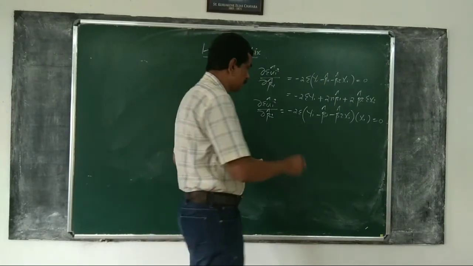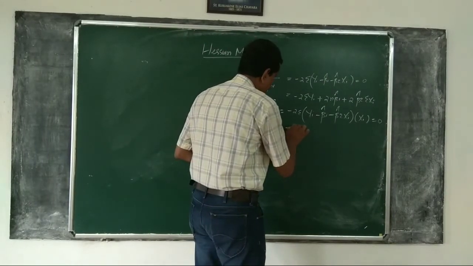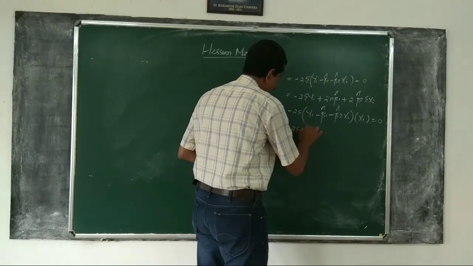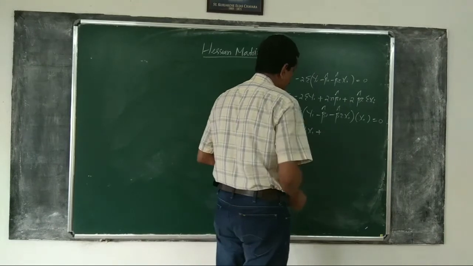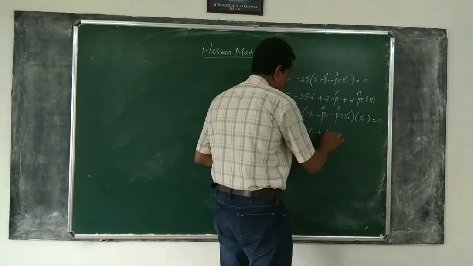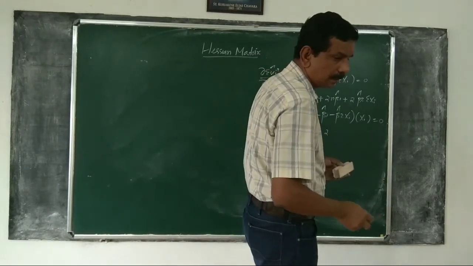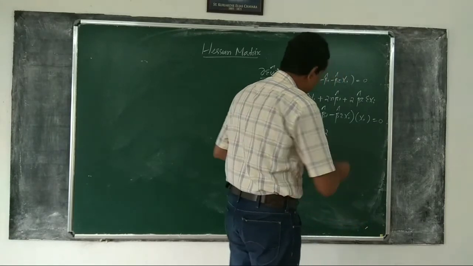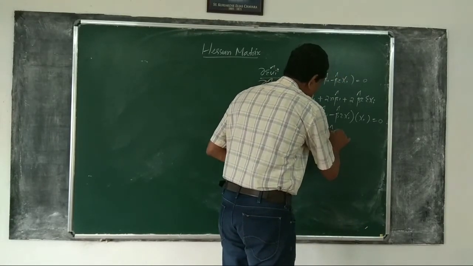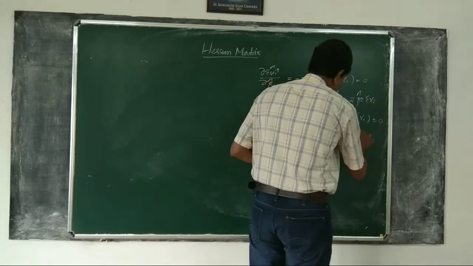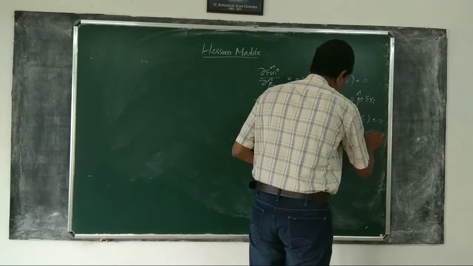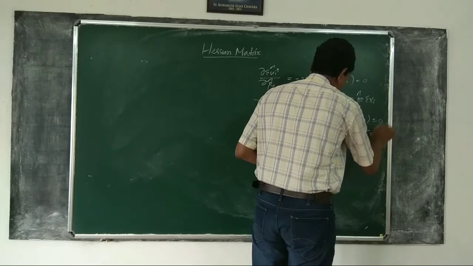Expanding this, we will get minus 2 into sigma yi xi plus 2 into beta 1 hat sigma xi plus 2 into beta 2 hat sigma xi square.